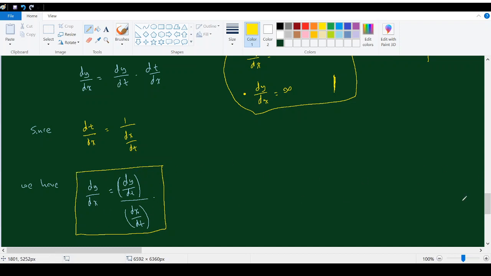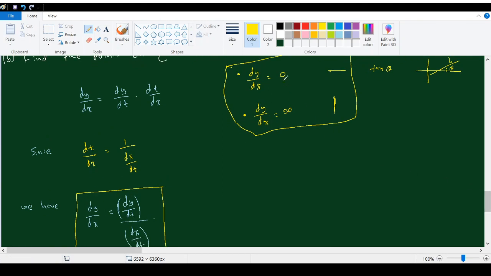By looking at this equation, we can relate the terms to these two conditions, right? Say if the derivative is equal to 0, that means this value should be equal to 0. So if this is equal to 0, that means this value should be equal to 0.